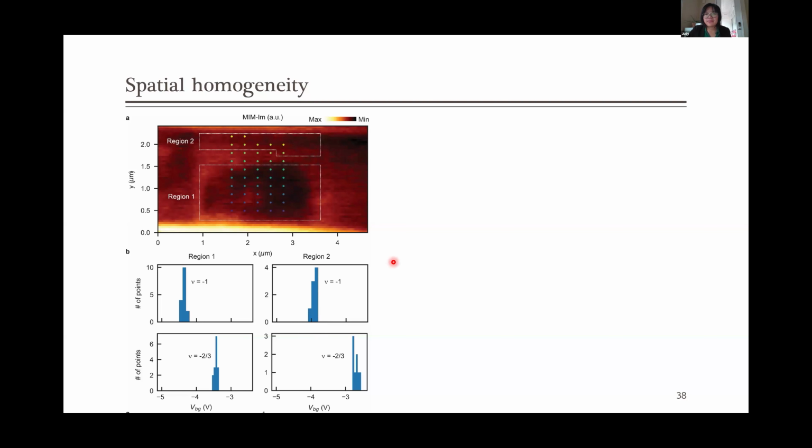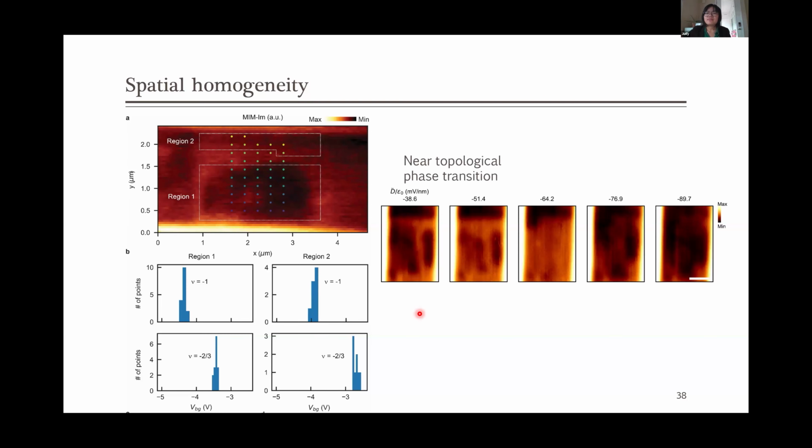So that just made it possible for us to see a pretty global effect of the edge state. But still, what we saw near the topological phase transition is how this spatial map just messes up and then becomes very inhomogeneous. And that is a topic that we would love to look further into.